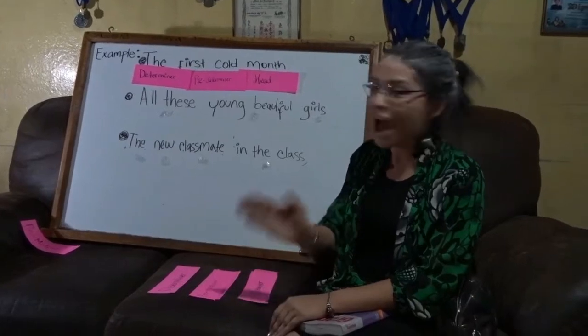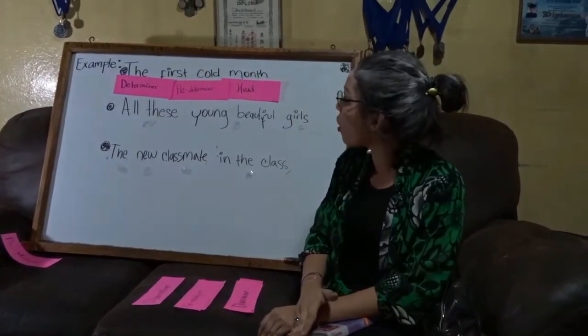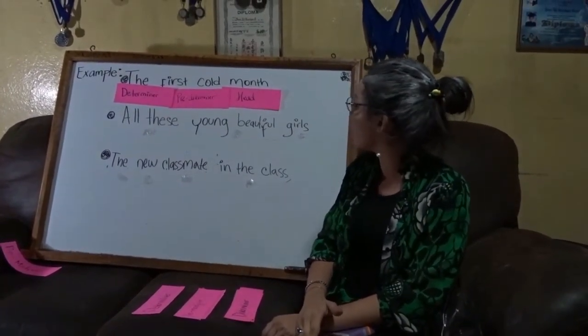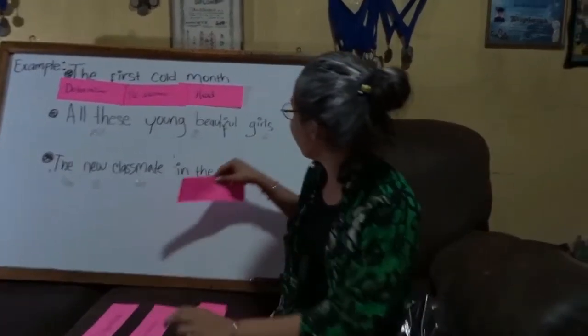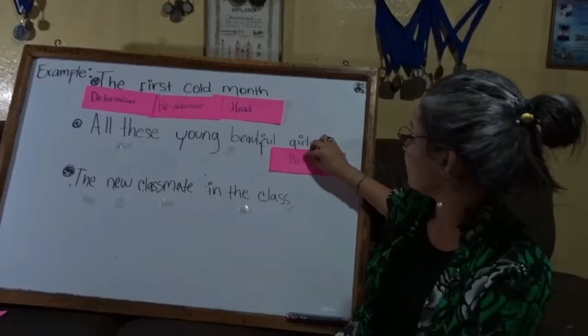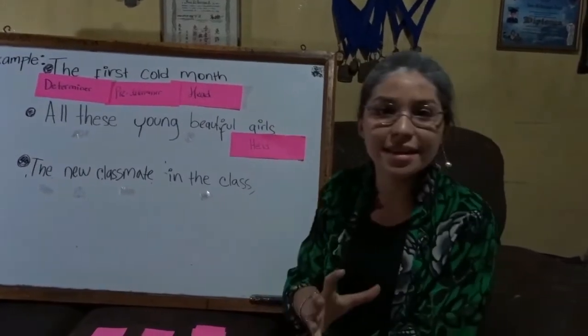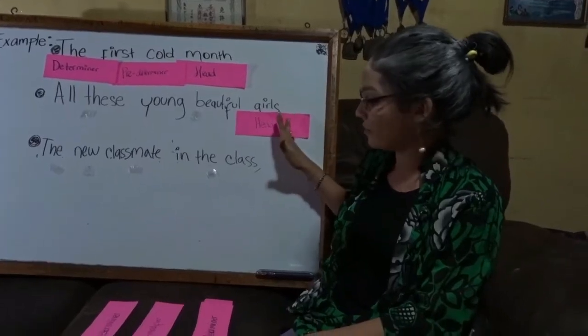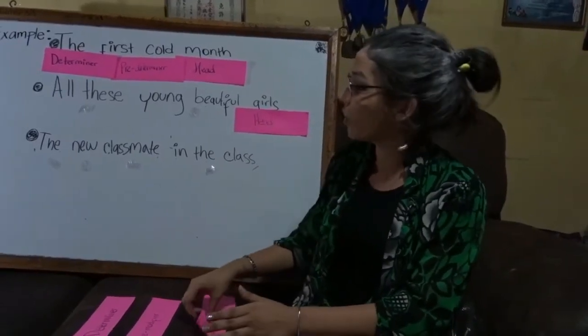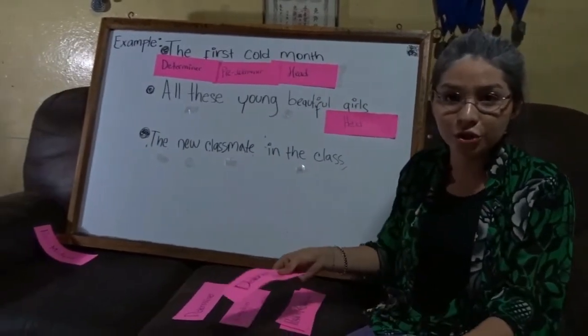So we have another example, which is all these young beautiful girls. So we need to look for the head. The main idea is girls. So we have the head. And then also we are going to identify the determiner.